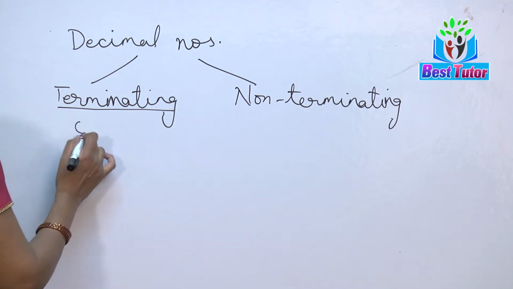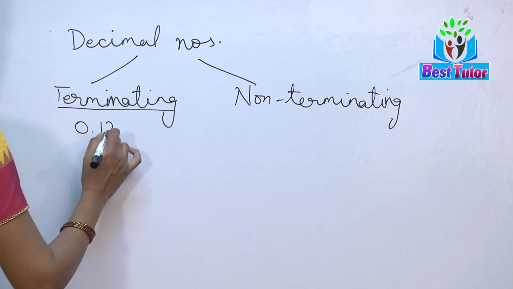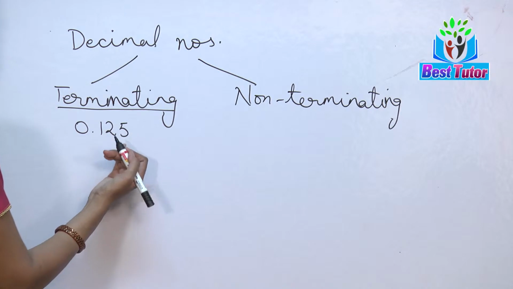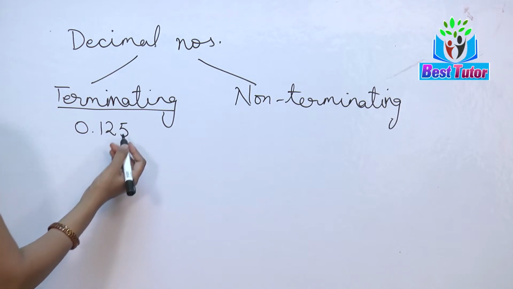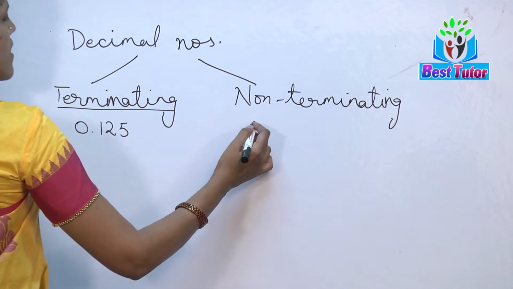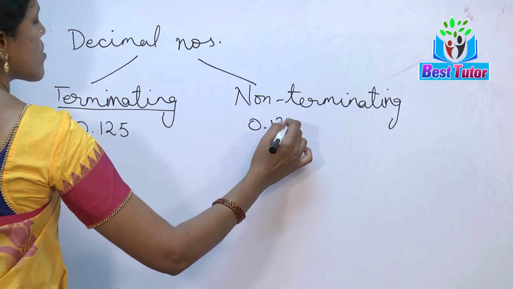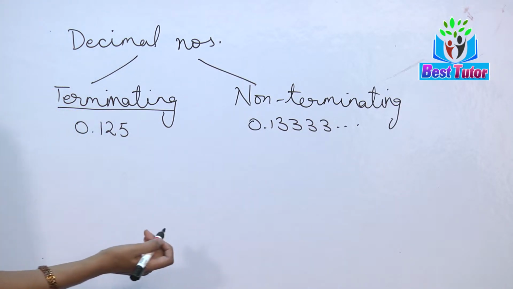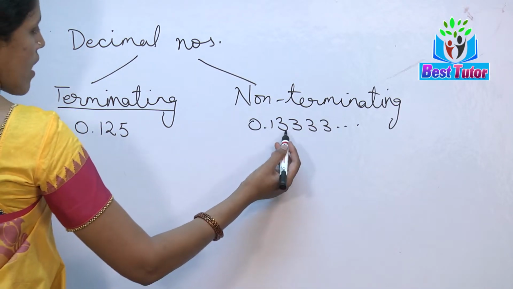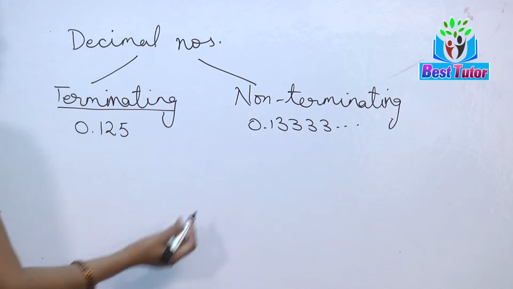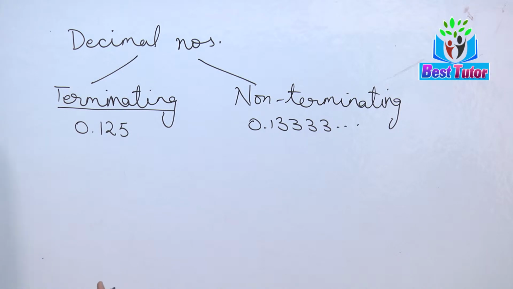In the sense, if I have a decimal 0.125 and it stops after 5, the process of division ends at the step 5, then this is called a terminating decimal. In the case of 0.13333 and so on, the process of division is never stopping and the quotient 3 is going on repeating. Such a decimal is called a non-terminating decimal.